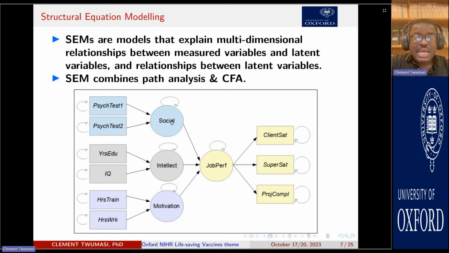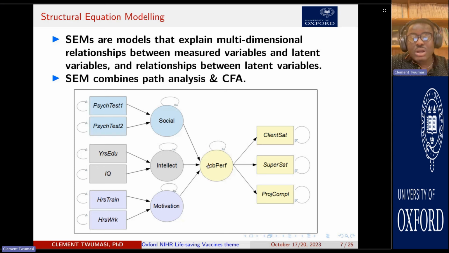If you look at this particular diagram, I don't want to give the details, but with this social score, intellect score, and motivation score, basically we are trying to look at how they predict job performance. In this case, job performance is the outcome variable to these three variables.